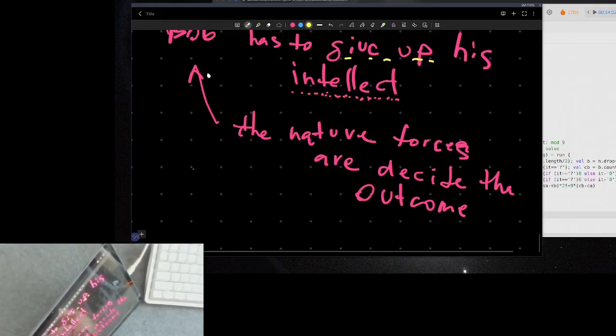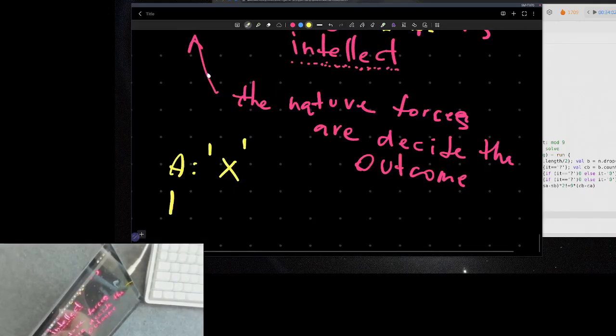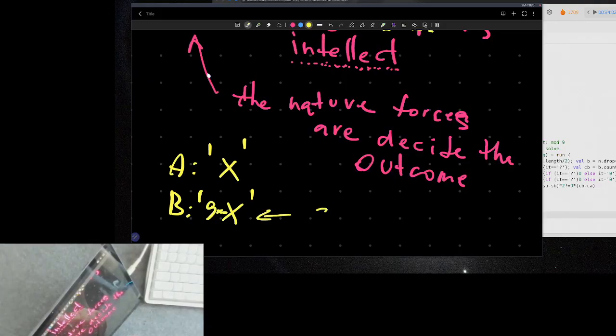So imagine Alice plays with X. Then the only thing where Bob gives up his intellect and just goes with nature is when he applies 9 minus X, because this way he just applies the same strategy for the entire game.